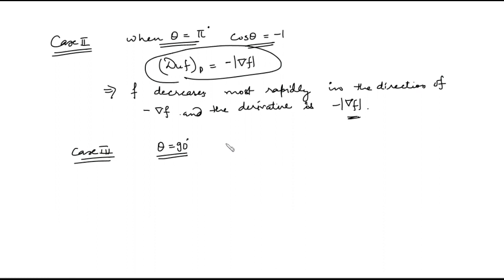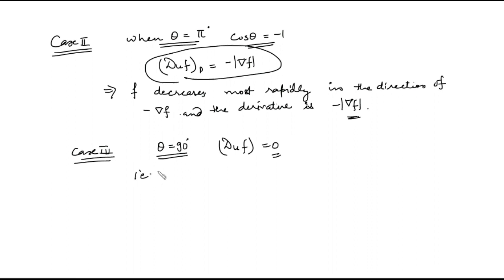Means when the gradient of f is perpendicular to the direction, right? So when you put theta to be 90 degrees in this formula, you will get the value of the derivative to be 0, right?